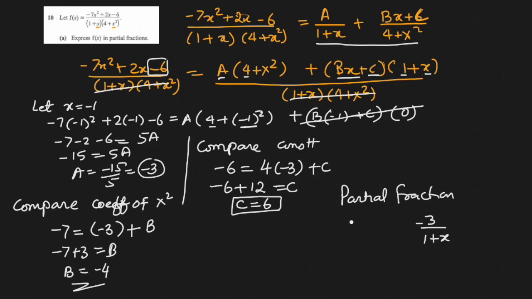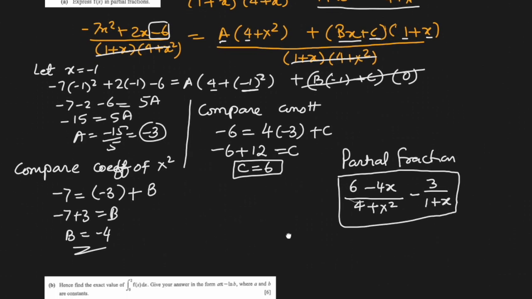C is 6, and then I'll write bx, which is minus 4x over 4 plus x square. And minus in between, let me erase this, I can write minus in between here. This is the partial fraction.